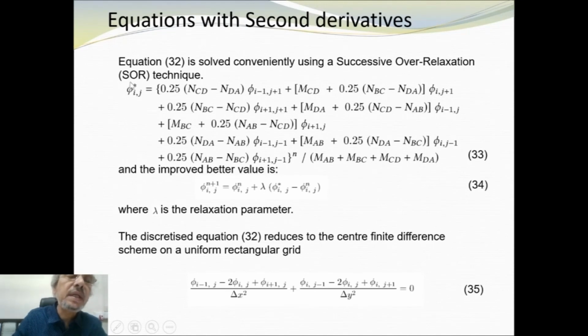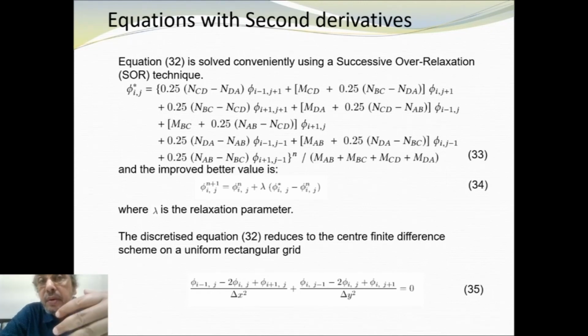We are calling it phi ij star. This is explicit evaluation. And if all right hand side phi's are at the nth level, then phi ij, left hand side, is at the advanced level.